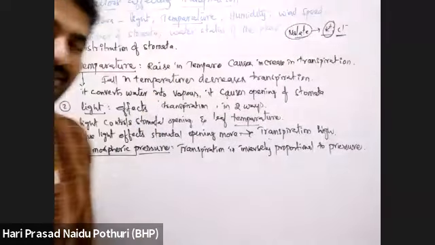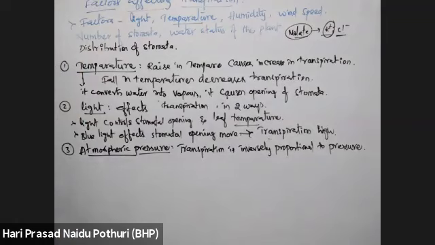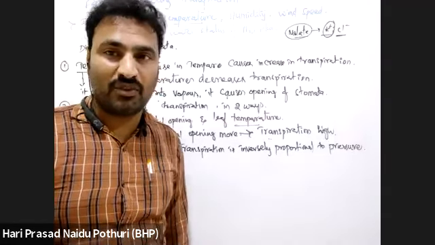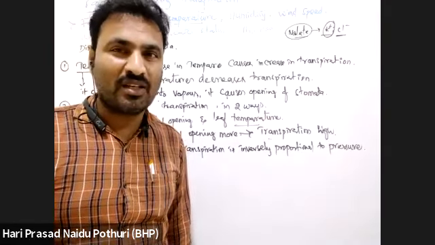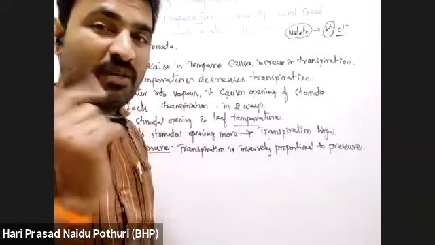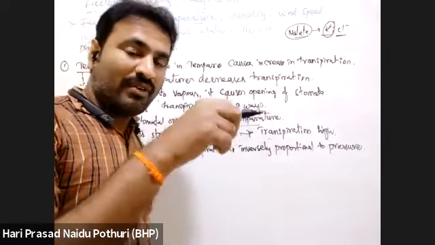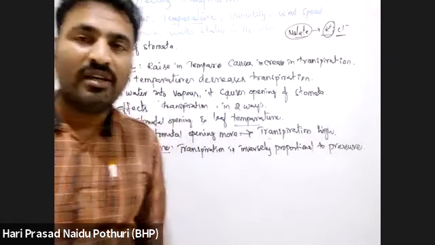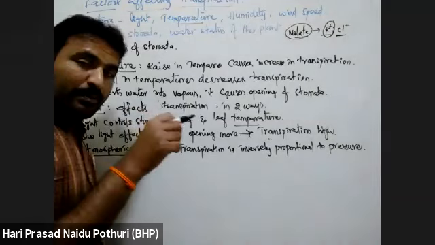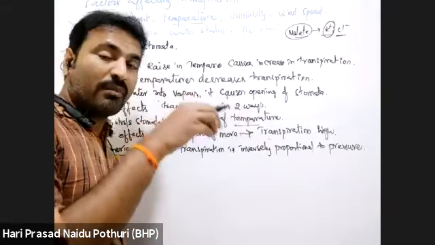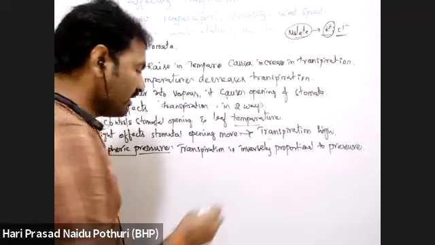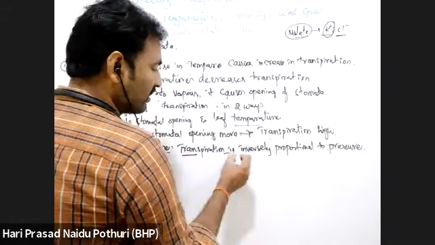When pressure is exerting, from high pressure to low pressure, there is movement of water, you know. Water potential is equal to solute potential plus pressure potential. When water is diffusing, it creates some pressure. That is what we call pressure potential. Based on that pressure potential, there is movement of water from high pressure potential to low pressure potential. See here, transpiration is inversely proportional.